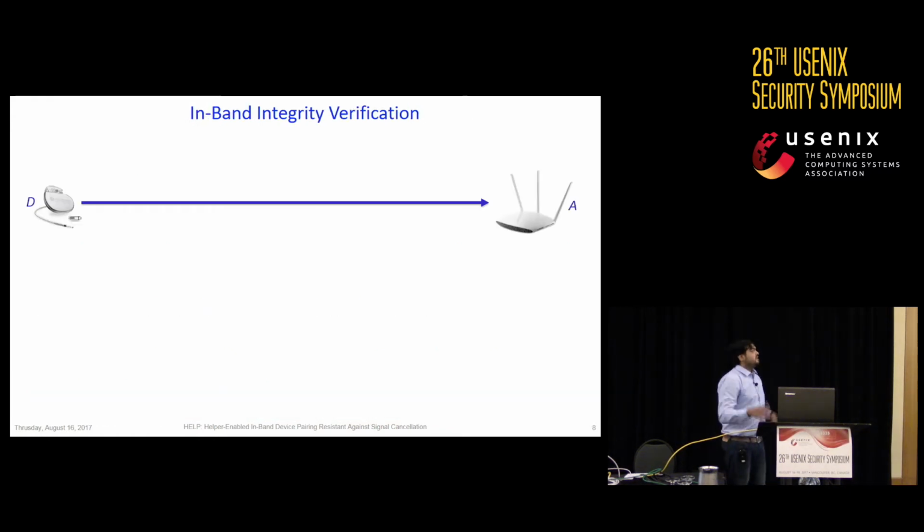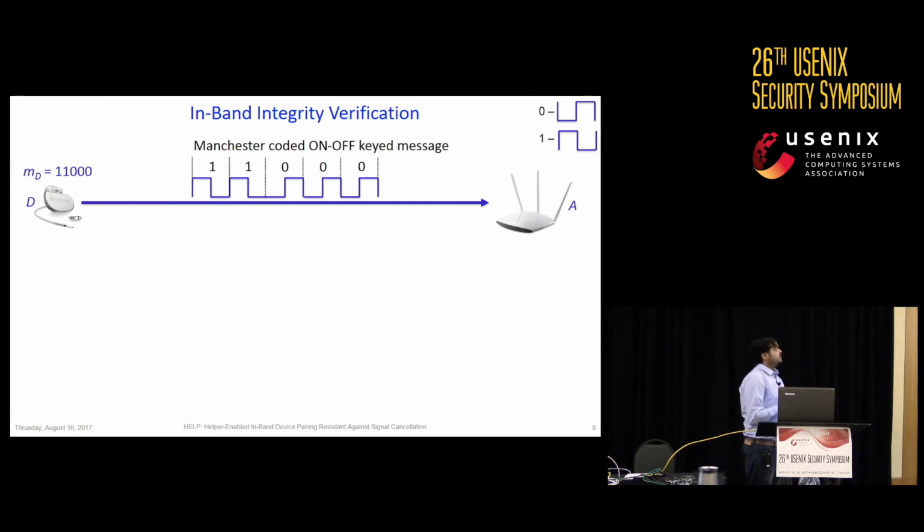The basic idea of in-band verification techniques that have been proposed in the past is that, suppose the device now wants to transmit a message MD over the wireless channel, it can encode it with Manchester coding and on-off keying and transmit it over the wireless channel.